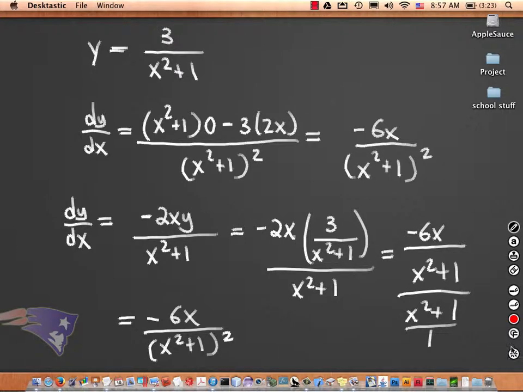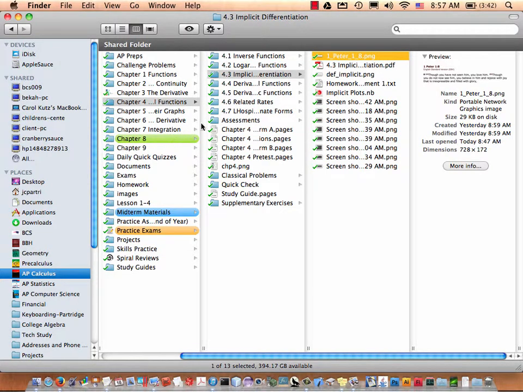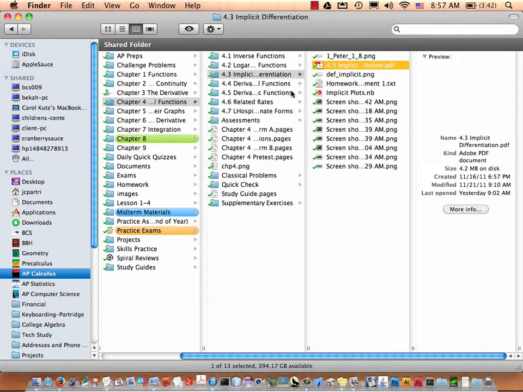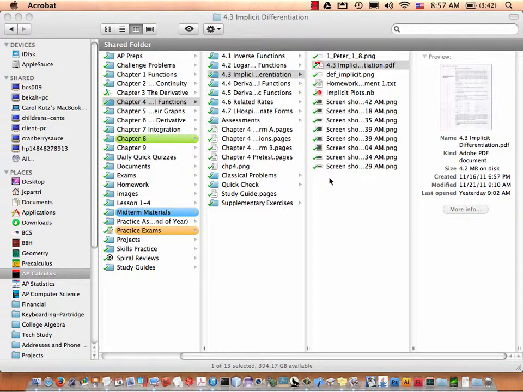Do we have to use implicit if we get the same answer with explicit? To be honest, implicit in a lot of ways is easier. Let me show you an example. Let's go right to the textbook and the homework examples here. I'm going to open up 4.3. Now, is that always true, Carrie? No, sometimes the explicit derivative is going to be easier.